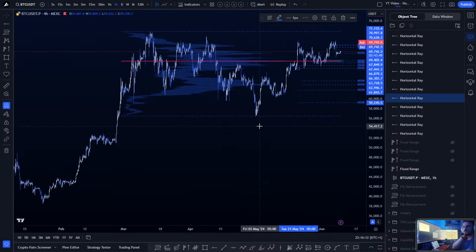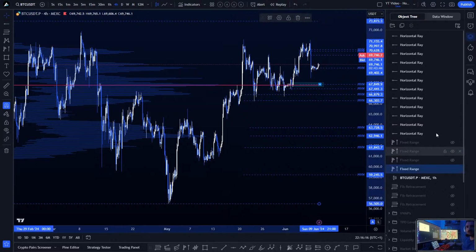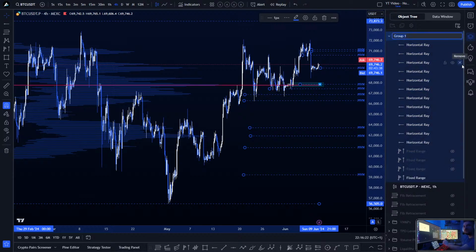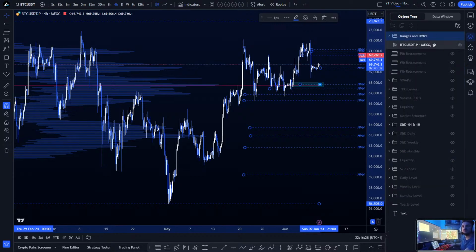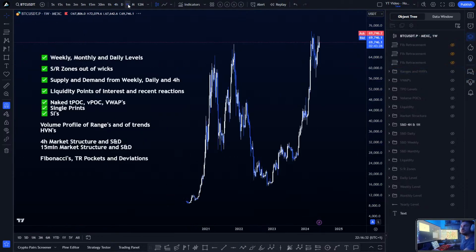And perfect. So yeah, basically these are our main points of interest in terms of volume. And usually I call this ranges and HVNs, or at least HVNs.